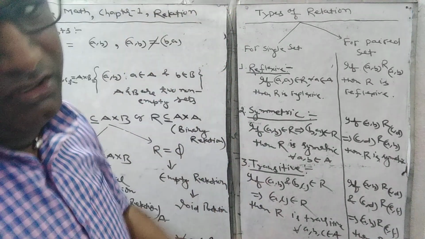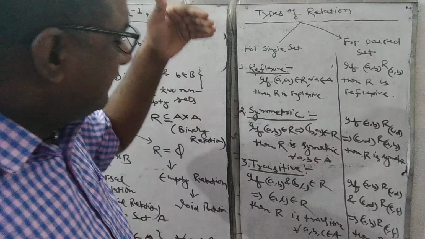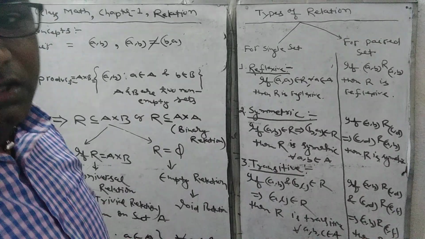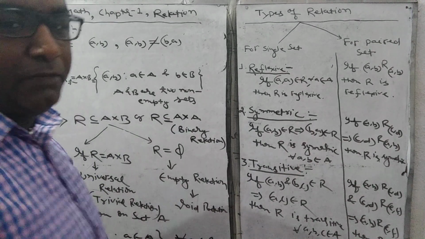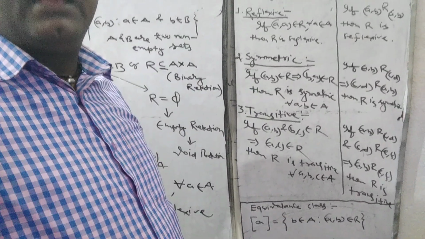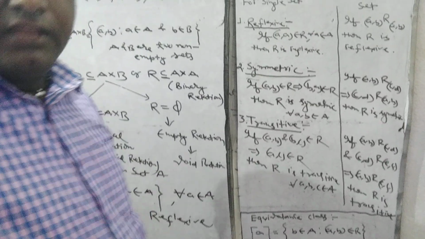And if for any relation it is reflexive, symmetric and transitive, then that relation is called an equivalence relation. Based upon that concept, there is a term known as equivalence class.